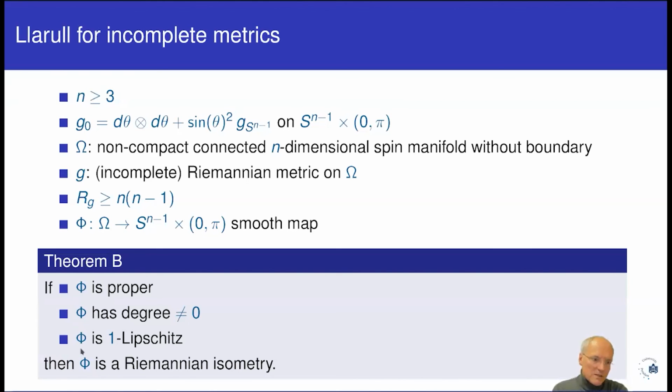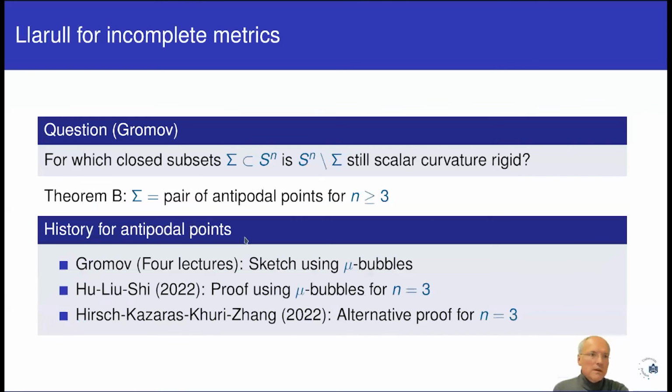So we could apply this to the identity map. And then this would give us exactly Llarull's theorem, but not for compact manifolds, instead for the sphere with two antipodal points removed. So that would be one particular example here.